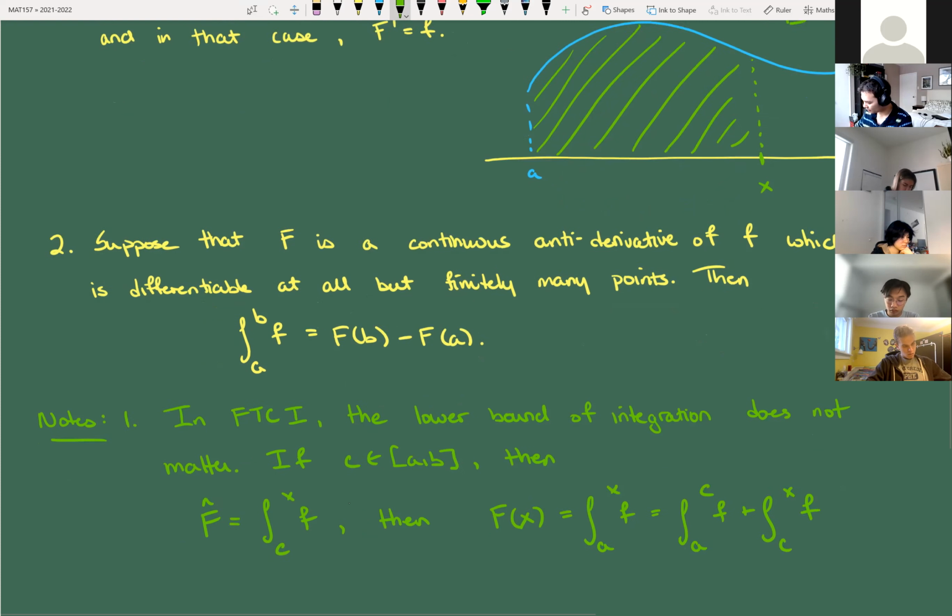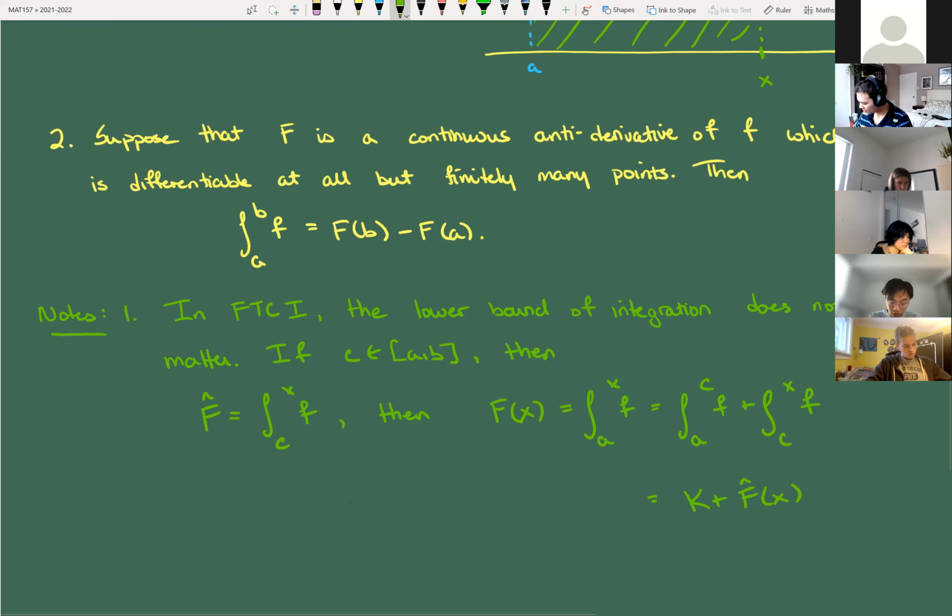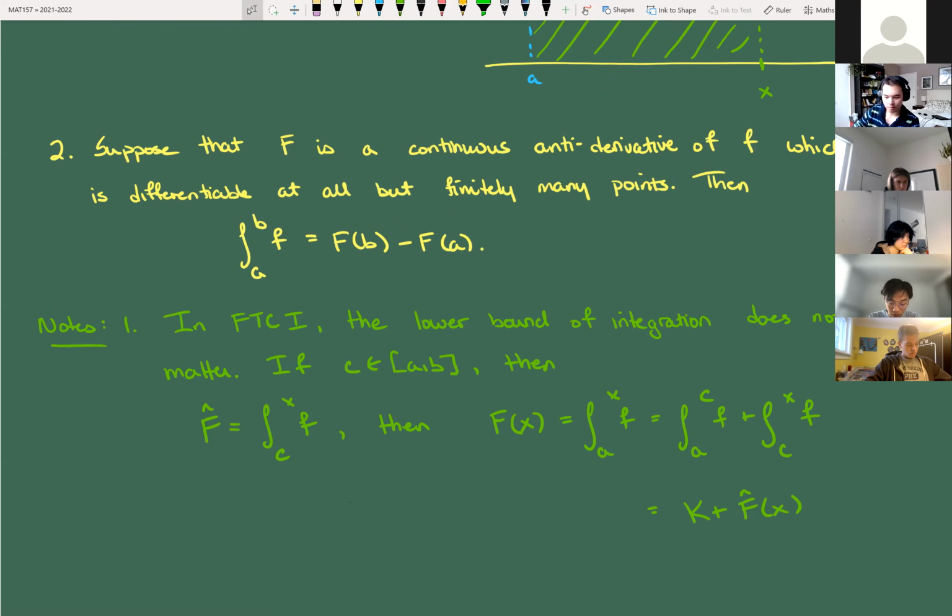That's just additivity of domain. Which is equal to F hat plus some constant. Capital K here is just some constant, and that constant is precisely the integral from a to c.